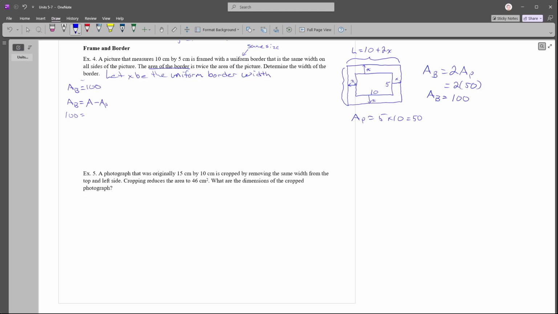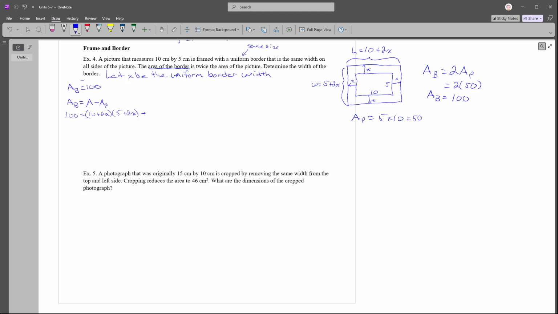Similarly for the width, this is 5, but then it has to go a distance of x on both sides. So this one's going to be 5 plus 2x. So now we have a length and a width, so we can substitute that in there. So the area of the full picture is our length, which is 10 plus 2x, multiplied by our width, which is 5 plus 2x.